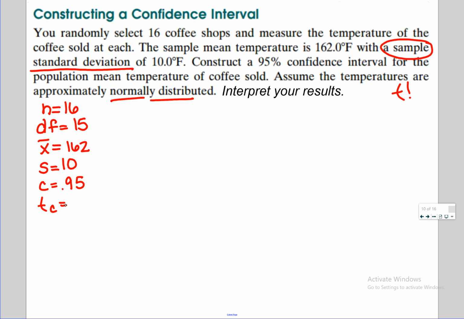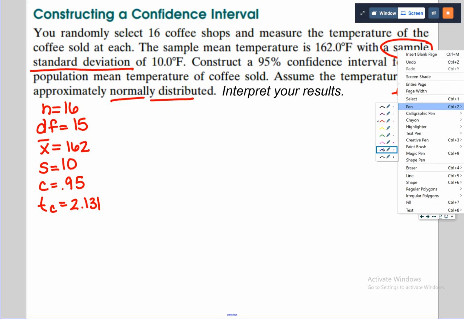So find 95%, find 15 degrees of freedom. So 95 is that middle column at the top, 15 degrees of freedom on the side. You see your critical value is 2.131. Okay.